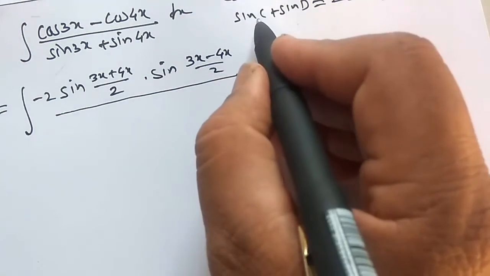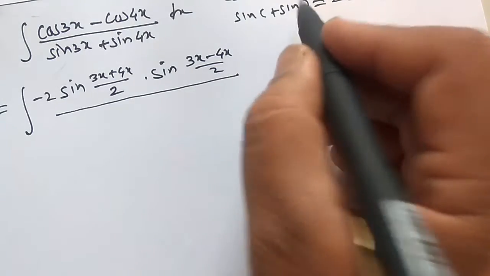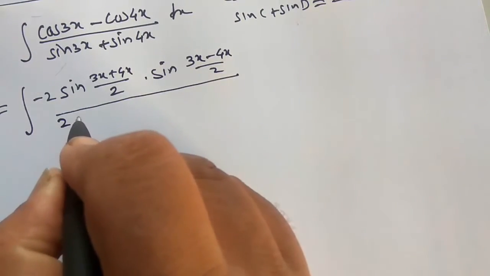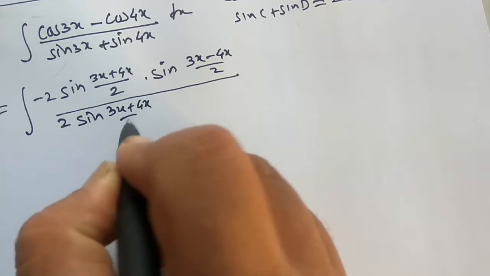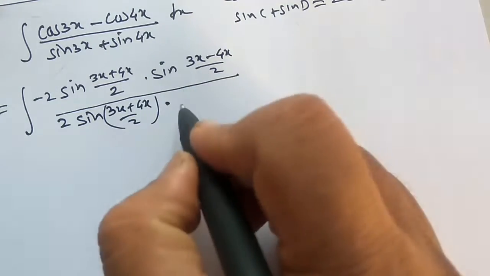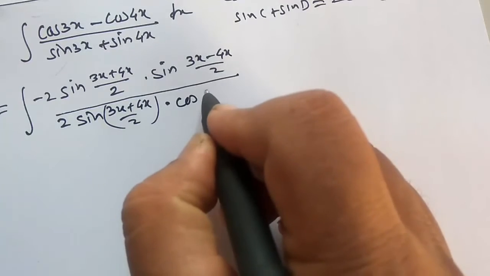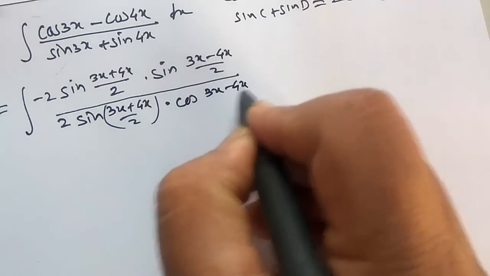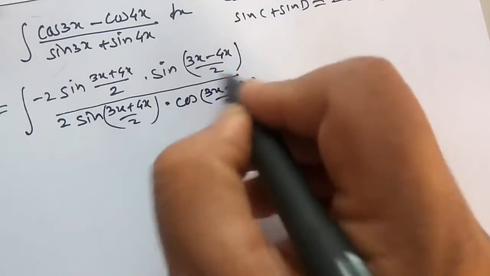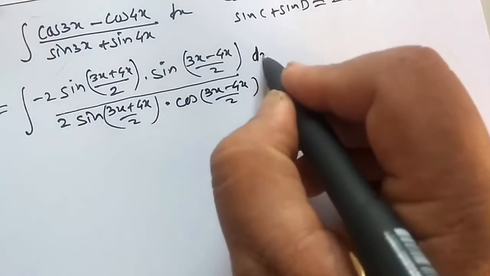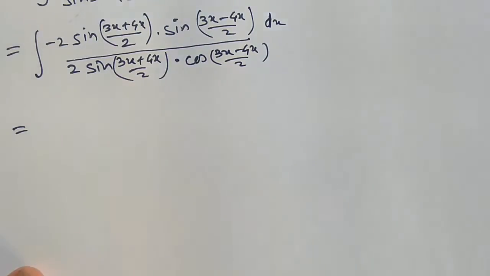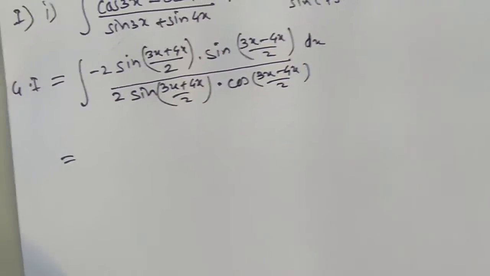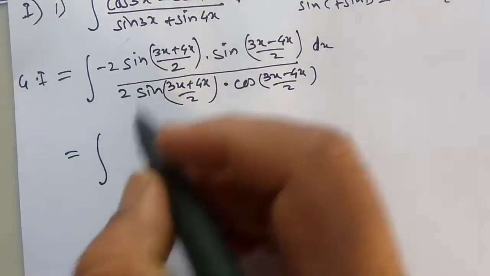So using sin c plus sin d, it is 2 sin of (3x plus 4x) upon 2 into cos of (3x minus 4x) upon 2 dx, equal to integration.